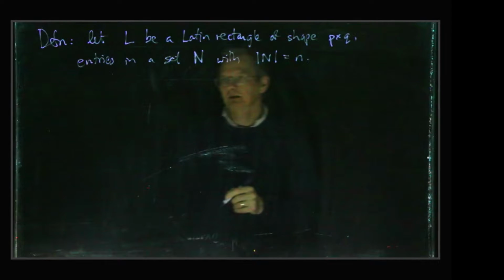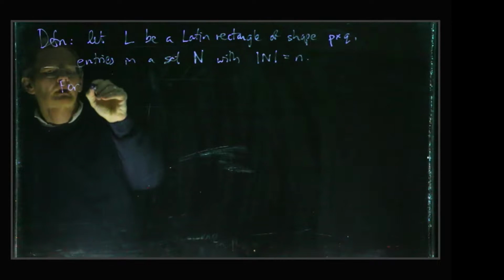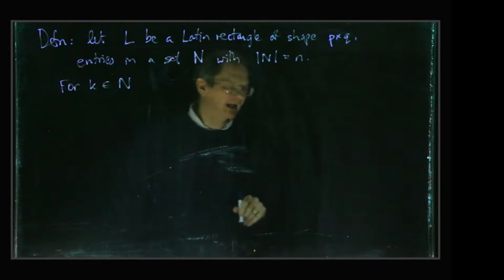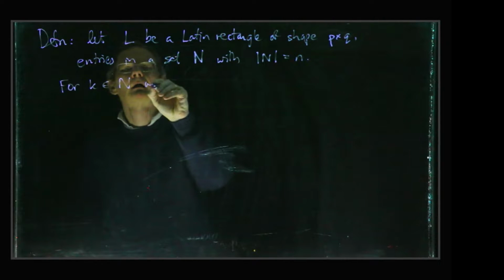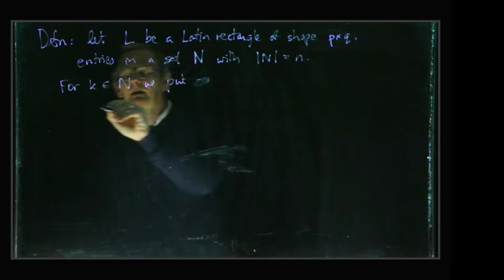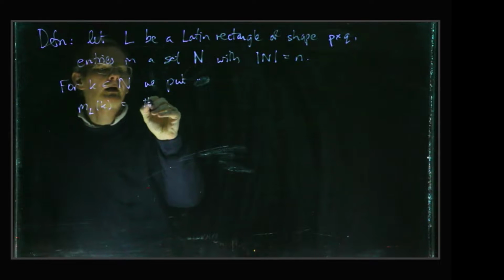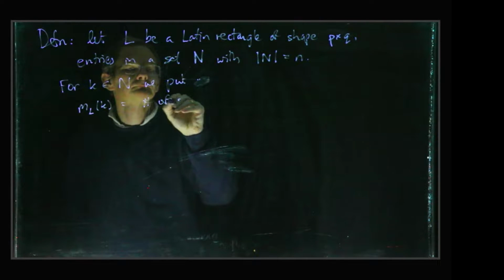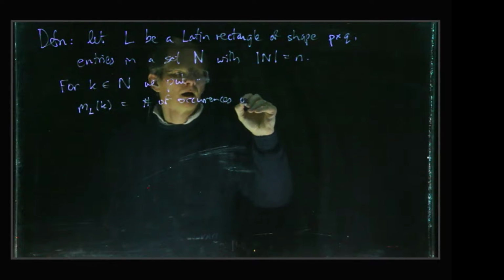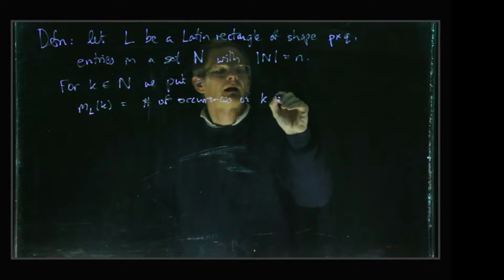Okay, then for K, one possible entry K, we put M_L of K to be the number of occurrences of K in L.